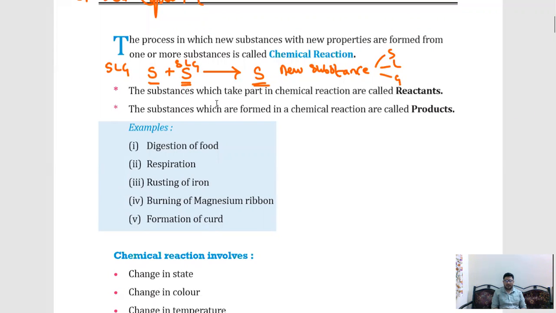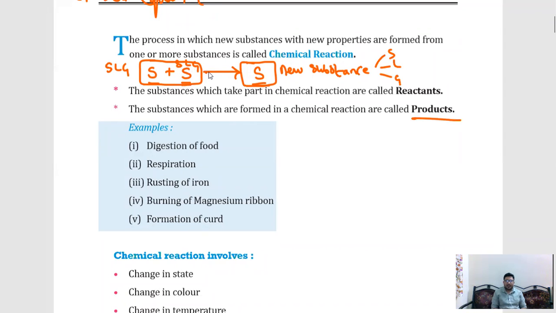Here, the substances which take part in a chemical reaction are called reactants. These two are reactants because both are reacting and combining with each other. Here you get a new substance. The substances which are formed after the reaction are known as products.